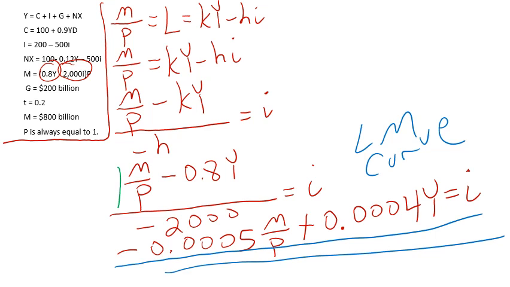All right, so what I'm going to do next is take the IS equation, meaning the goods and services equation, and the LM curve equation, meaning the money market equation, and from those two equations calculate the full fiscal multiplier and the monetary policy multiplier, or the money supply multiplier.